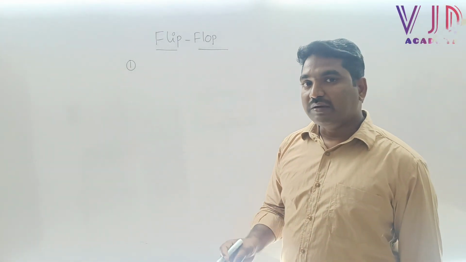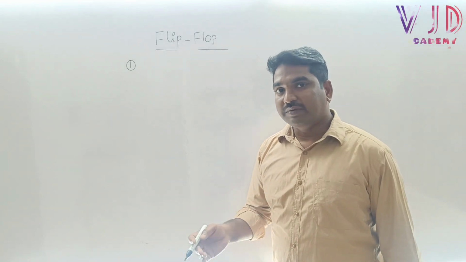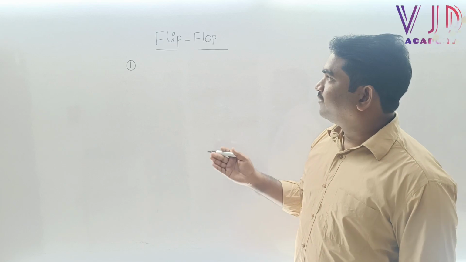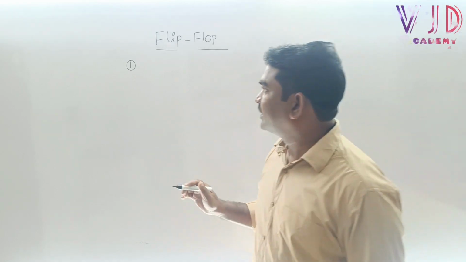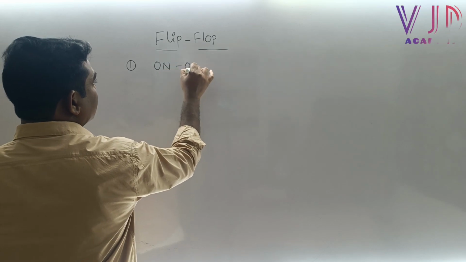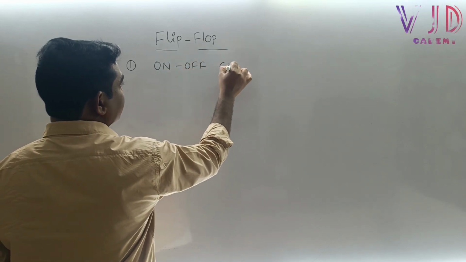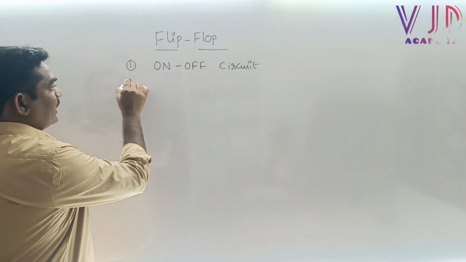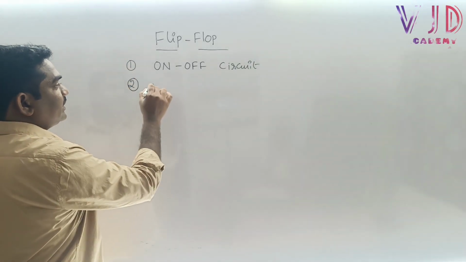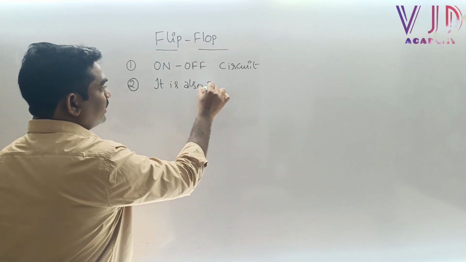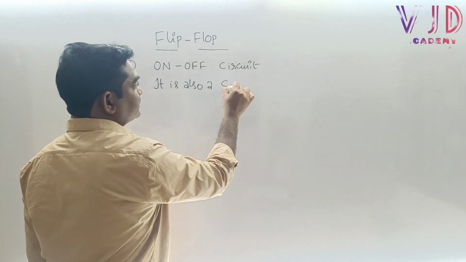The meaning of the name itself is flip means on and flop means off. We can say it is an on and off circuit. And the second point, we know that it is also a sequential circuit.